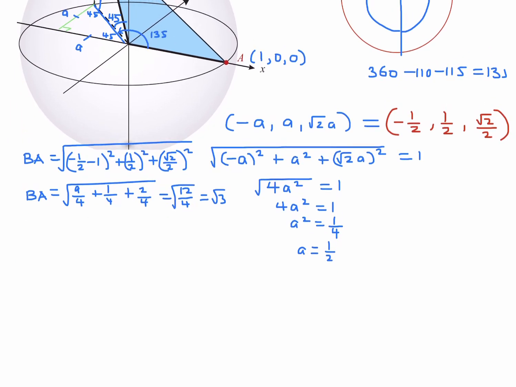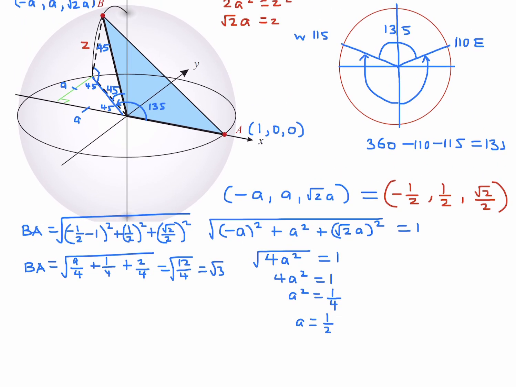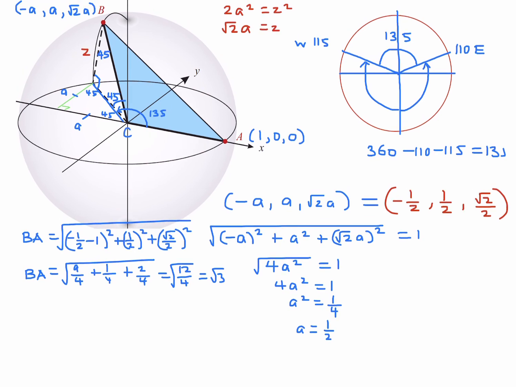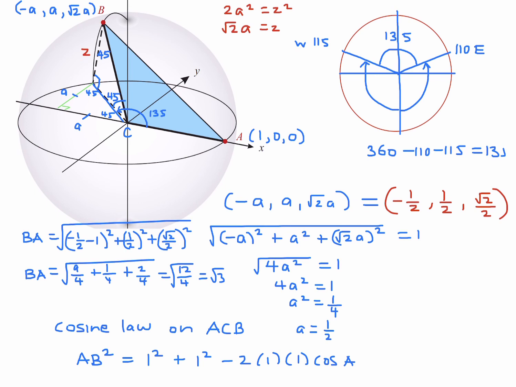Now the final step to figure out that angle ACB, where the center was called C, we can use the cosine law on that triangle ACB. And that's going to be AB squared is equal to BC squared, which is just the radius, 1 squared, plus AC squared, which is just the radius, 1 squared, minus 2 times BC, 1, times AC, 1, times cos of that angle, ACB.